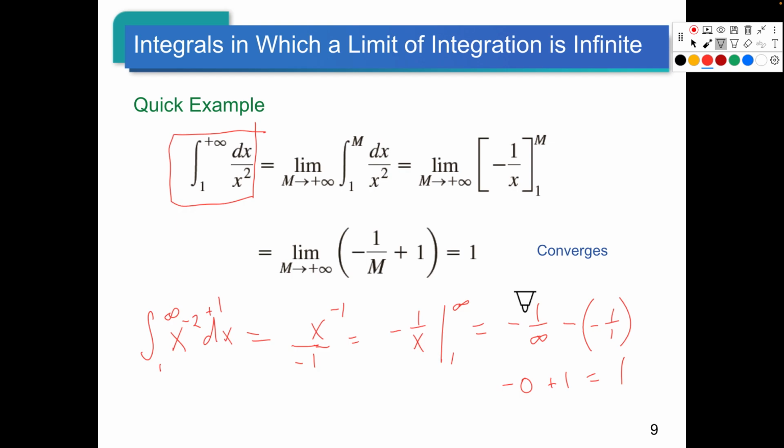Most of these, they'll ask you two questions. Does it converge? It's either yes or no, and you don't find out until the end. And what does it converge to? At this point we found it went to 1. That means it converges. We're going to see some that don't go to a number, it goes off to infinity. That diverges, and then we don't have to do anything more than say that it diverges.